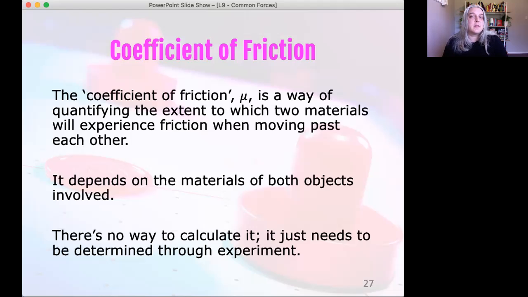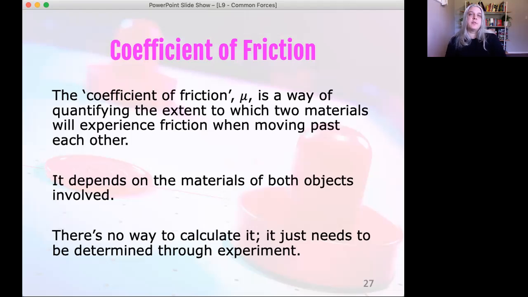It depends on the materials of both objects involved, because even if you've got a really rough object sitting on a really smooth one, if the surface that it's on is really, really smooth at a microscopic level, you're not going to have any problems with the roughness of the first one. So even one being smooth can be a big advantage. If they're both really rough, then obviously it's going to be even worse.